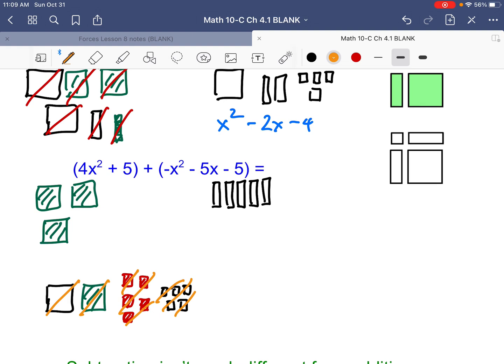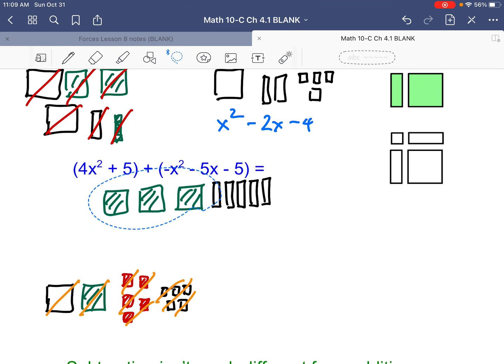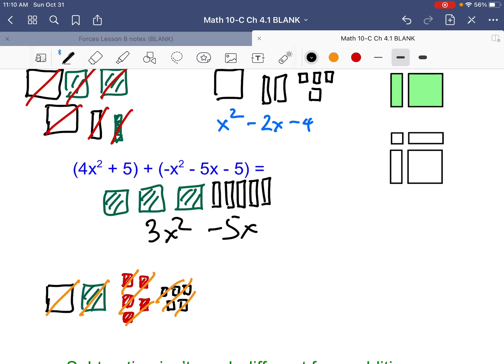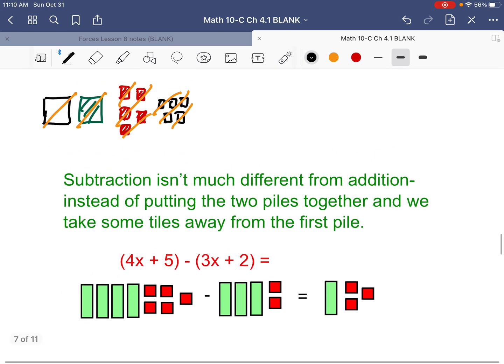And what are we down to? Well, we're down to 3x squared minus 5x. Now, if you're manipulating tiles, that makes more sense. If you're sitting here watching it, it sort of kind of works.